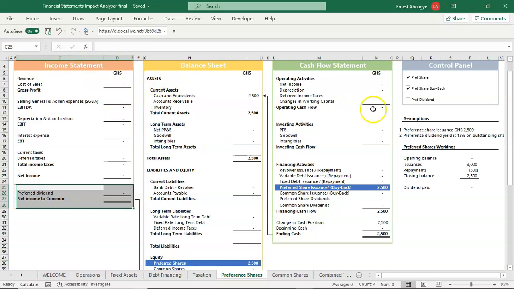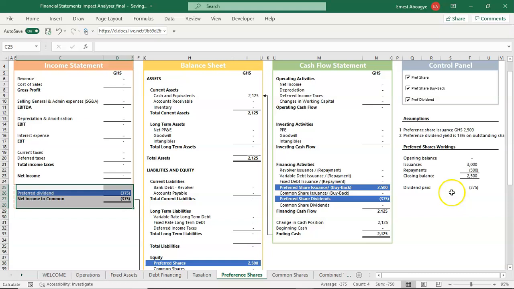So when we pay preferred dividend at a yield of 15%, we take our preferred dividend balance times 15%, which becomes 375, and that becomes the preferred dividend paid here.